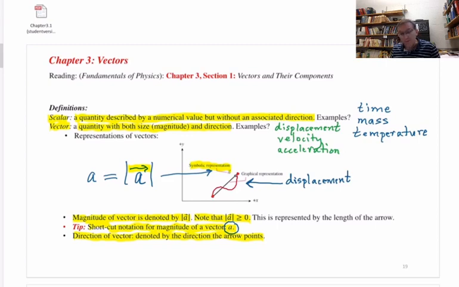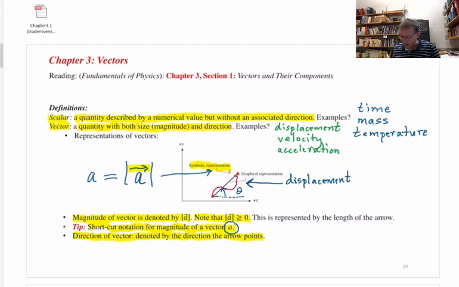We take the arrow that represents the vector, like the A there in our slide, I'll draw a little dashed line pointing to the right. That's the plus x direction. And then I measure the angle from there. I'll call it theta. That's an angle in degrees, for example, or in the SI unit of angle, the radian. But it's an angle of some size, measured from the plus x axis.